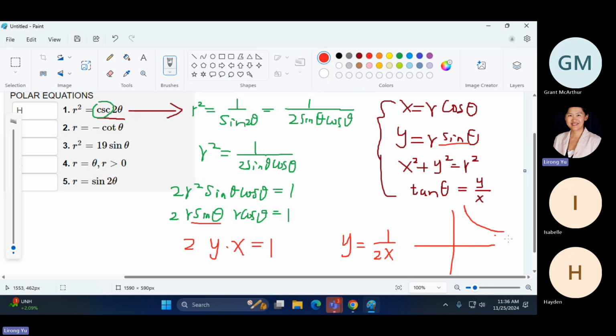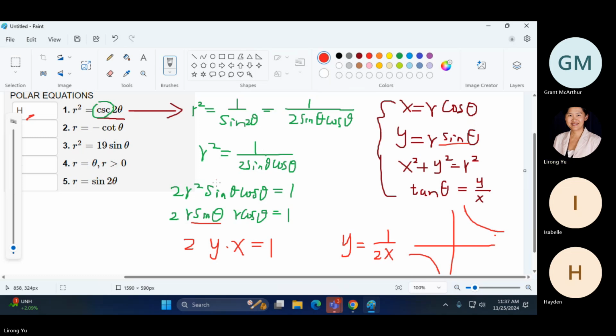It's not a line, it's a curve, and the relation goes up. For the negative part, it has a similar relation. That is a hyperbola, which has separate portions. Are we okay with that? So that's the first polar curve, and then the second.